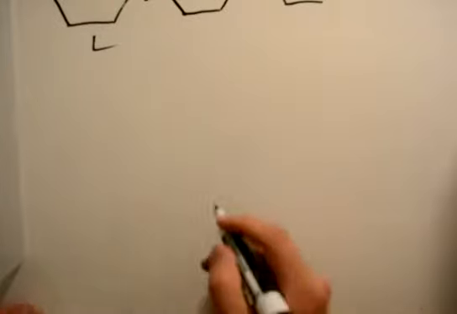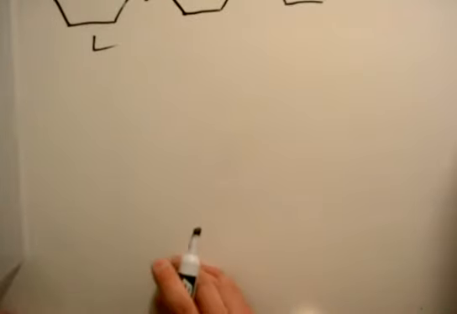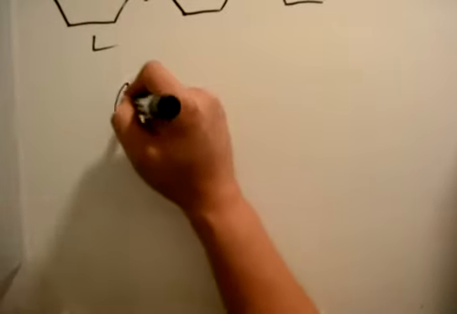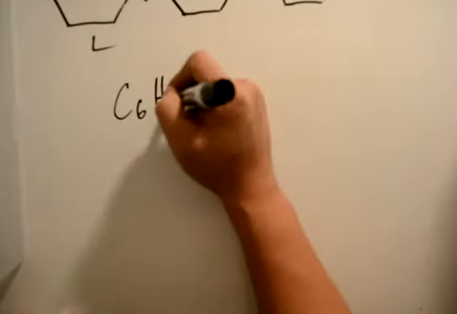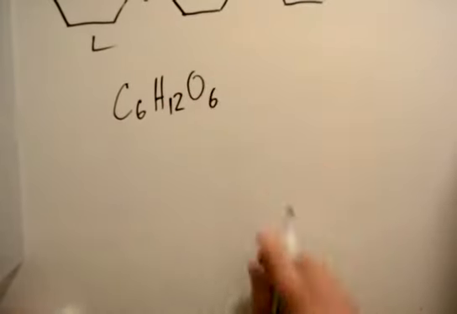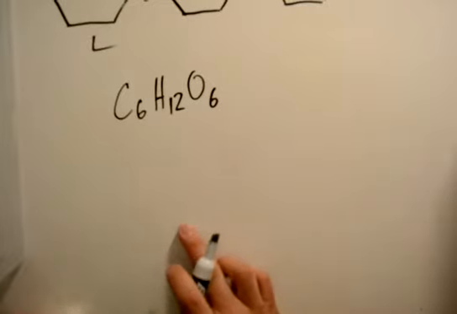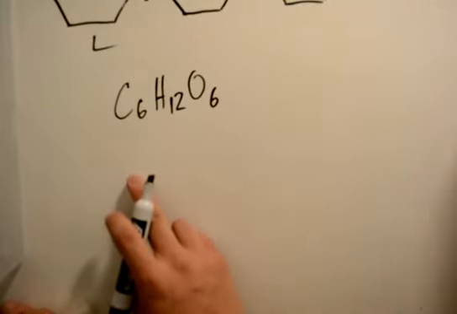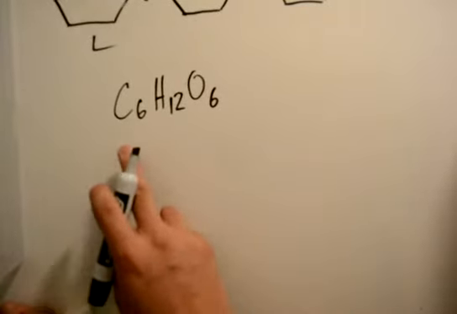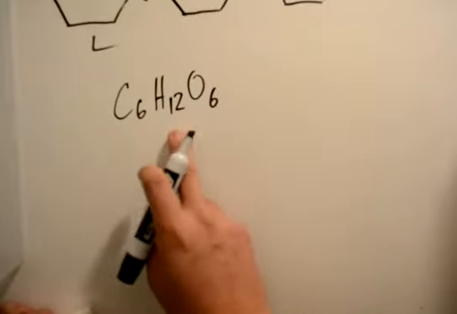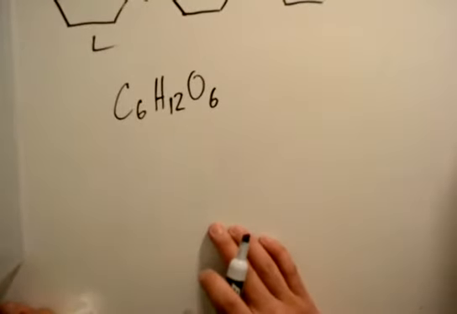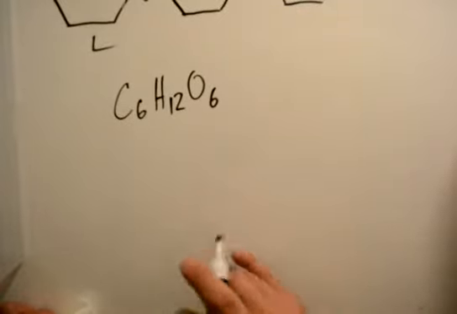Now, if you recall, monosaccharides have this chemical formula. C6H12O6 means that each one of these different isomers is going to have 6 carbon, 12 hydrogen, and 6 oxygen. Now, each one of these different monosaccharides is going to look a little bit different.